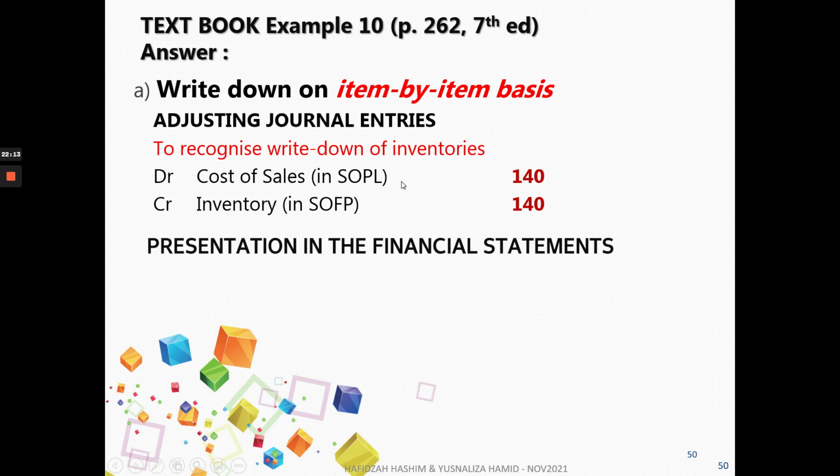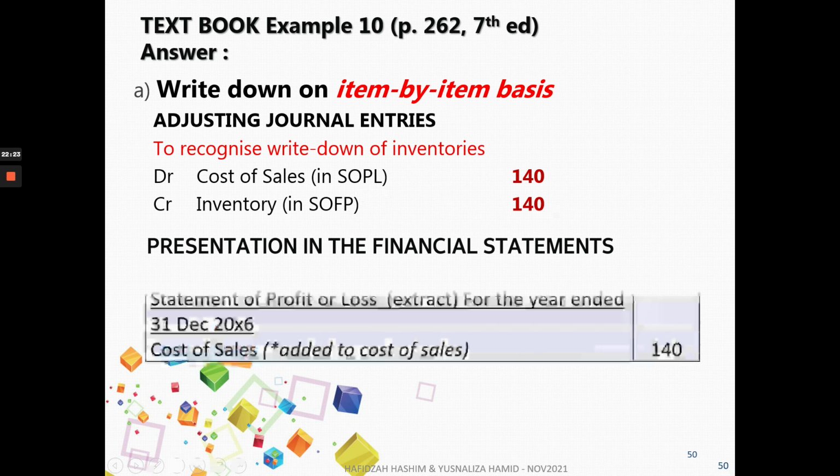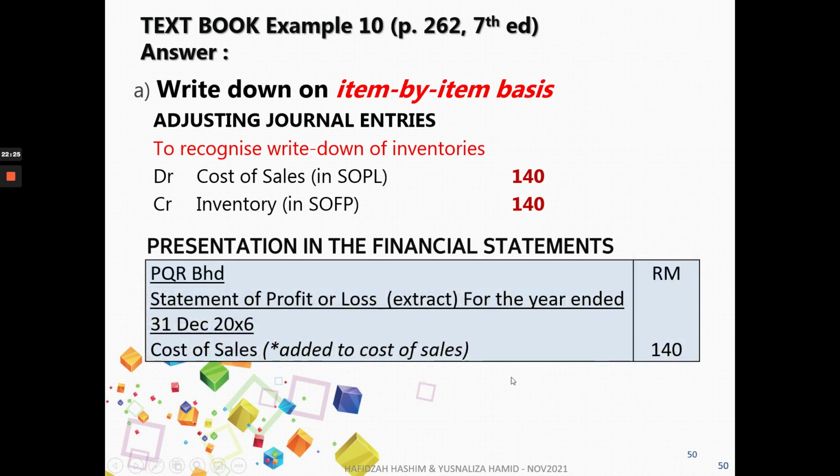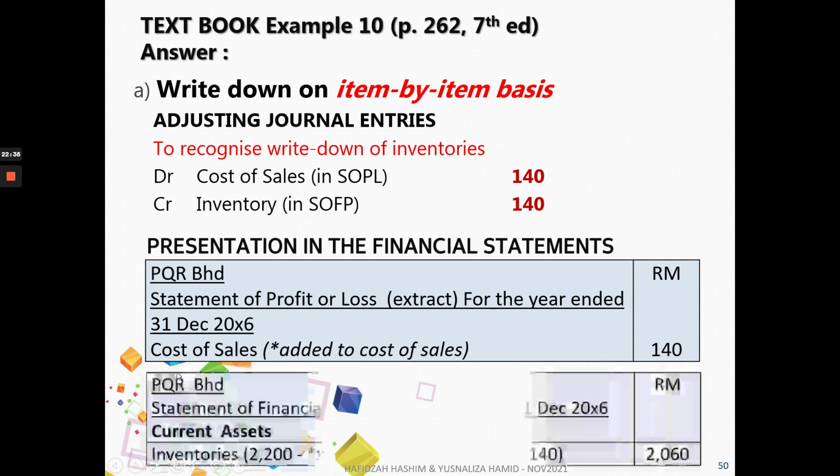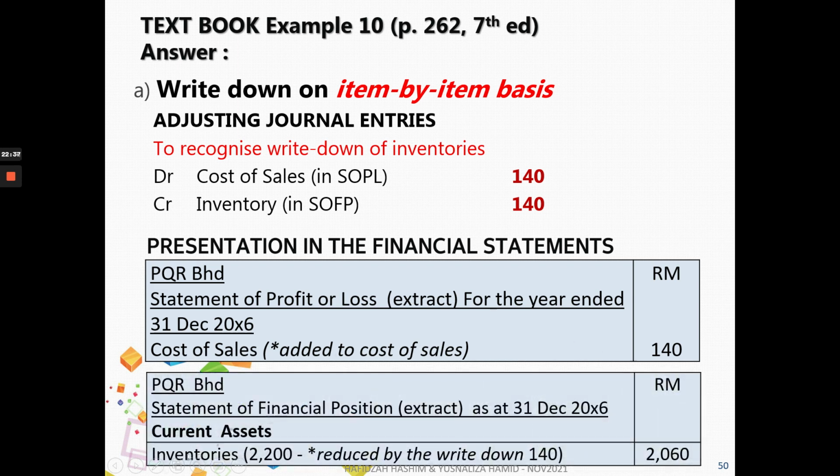So these are the presentation, and before that, these are the write down that is needed for the total 140. Debit to the cost of sale in the SOPL, increase the expense, credit to the inventory, reduce the asset down by 140 because of the write down. The presentation, the cost of sale should be added by extra 140. Look at the original cost of sale. If there is some amount, go and add this 140 to the cost of sale. For the statement of financial position, the current asset, before this, the cost was 2.2.